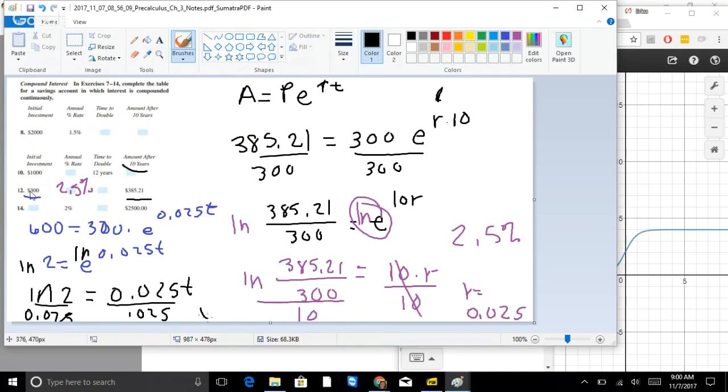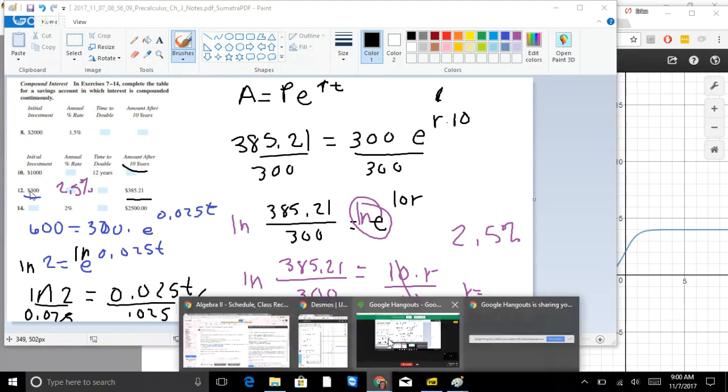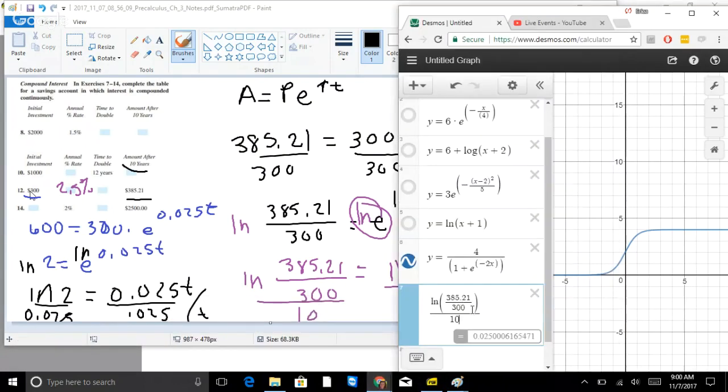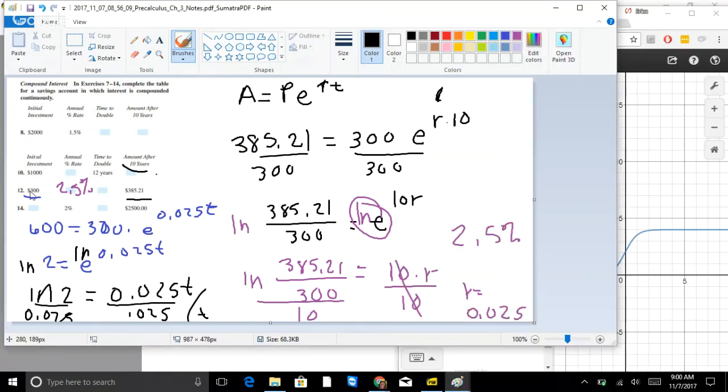And when I do all that, I get my time to double is the natural log of 2 divided by my rate, 0.025. My time to double is 27.7 years. So it's going to take me 27.7 years to double my money.